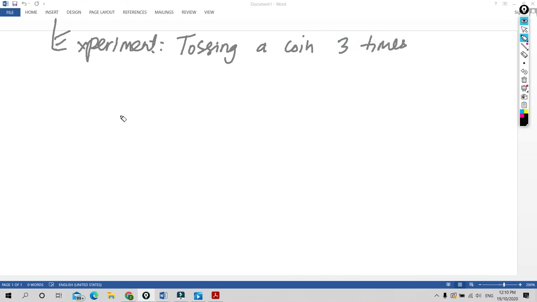So the possible outcomes: the first outcome, you can get either head or tail. Then from here you can get either head or tail, and here you can get either head or tail. This is the first experiment, this is the second.